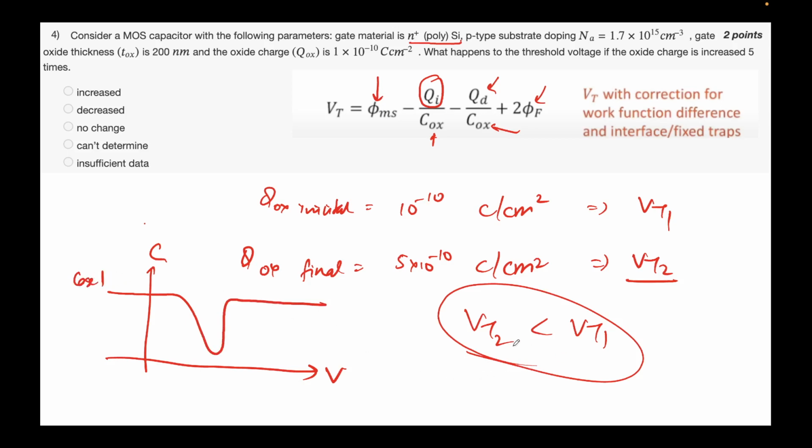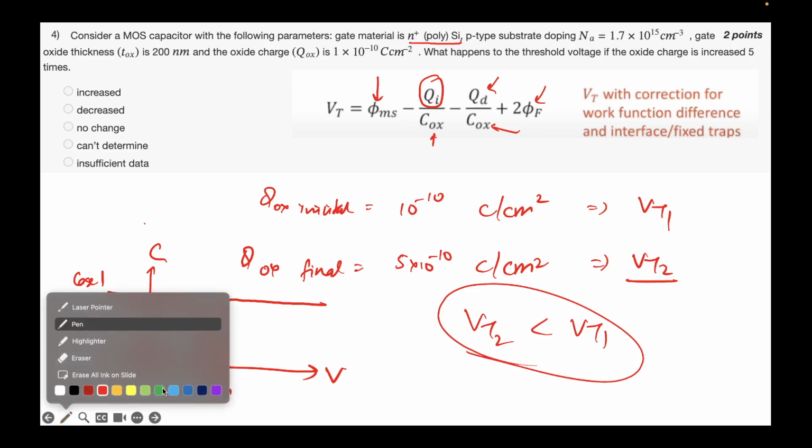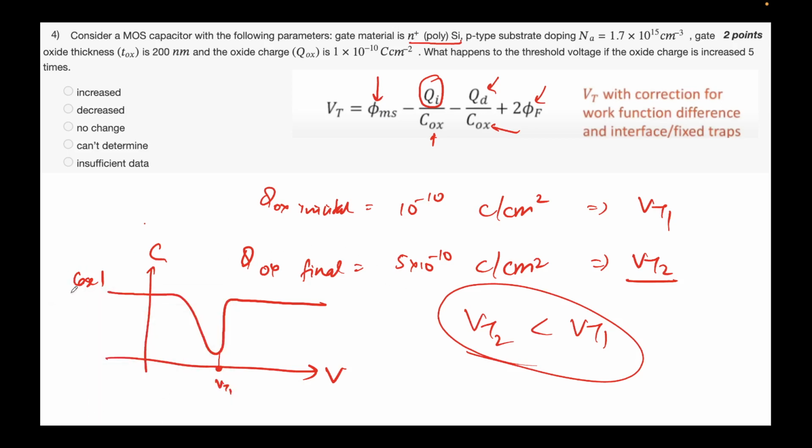Case 2, the threshold voltage, so this is VT1, let's say. VT2 is less than VT1. Let's draw it here, green. Cox will remain the same, remember that. So Cox will remain the same, but there should be a negative shift in voltage. So this negative shift in voltage, everything else remains the same.